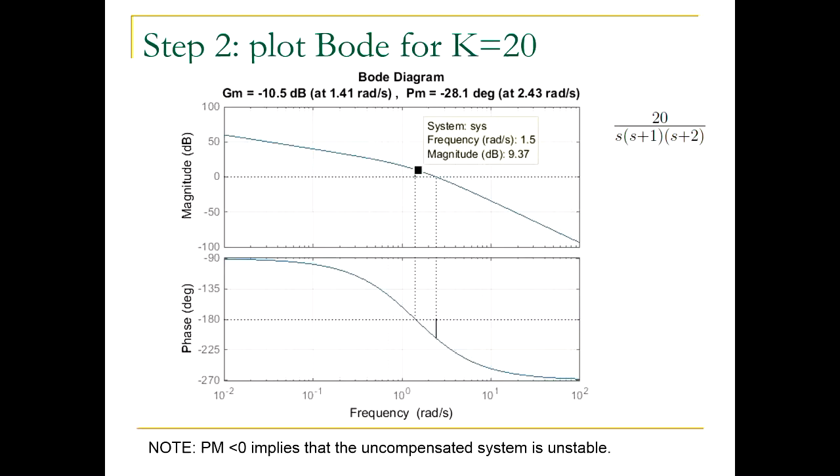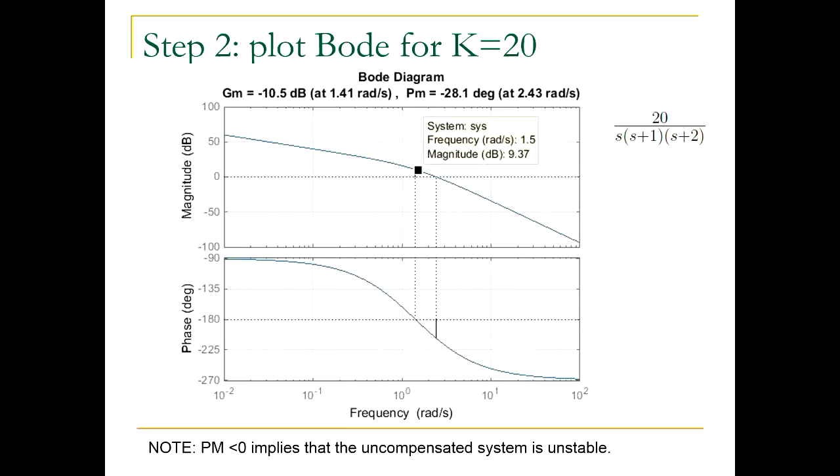Note that the plant is open loop stable. So negative phase margin means the system is unstable. Because the open loop transfer function is stable, Nyquist says we should not encircle the critical point, but negative phase margin and negative gain margin tell us that we actually do encircle the critical point. So we are unstable.